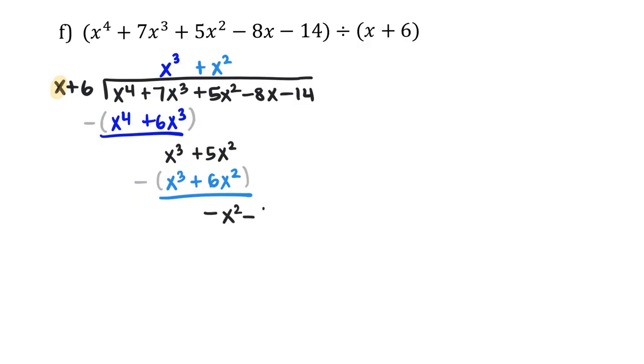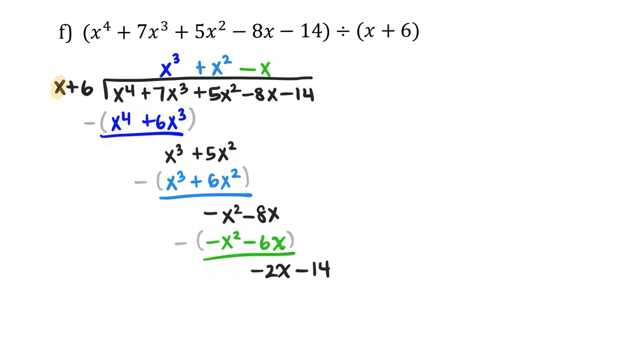And now I'm going to bring down the negative 8x. To get negative x squared, I need to times by negative x. Negative x squared minus 6x. Subtract down. Okay, cancels, and then negative 8x minus negative 6 is negative 8x plus 6x. So that's negative 2x. And I still need to bring down the negative 14.